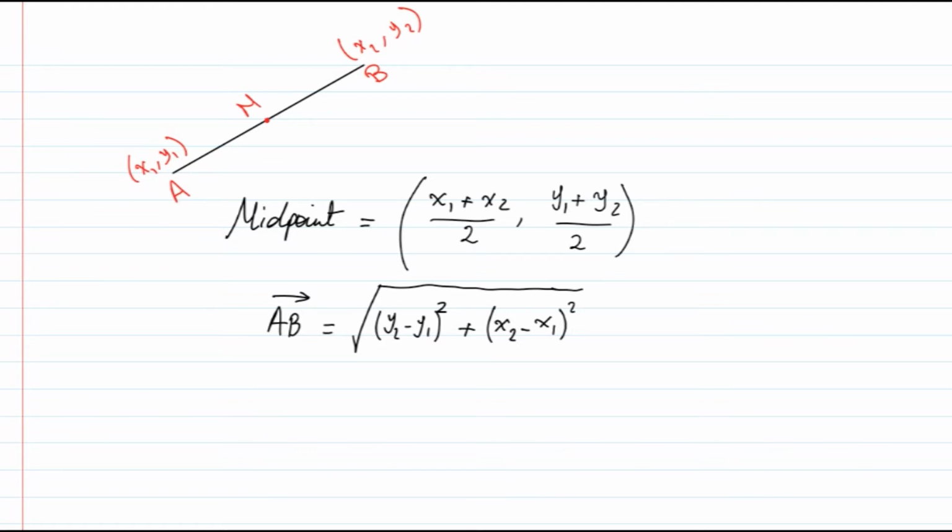Now we have to continue for any line. For any line drawn, it's really important to calculate the gradient, which we write as the letter m. The gradient of the line represents the steepness of the line, which is how much the line is steep, or how much it is inclined from the horizontal line.